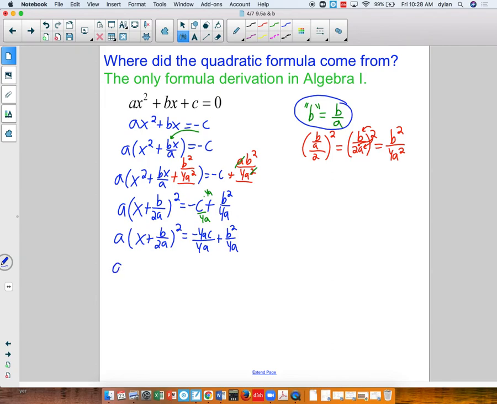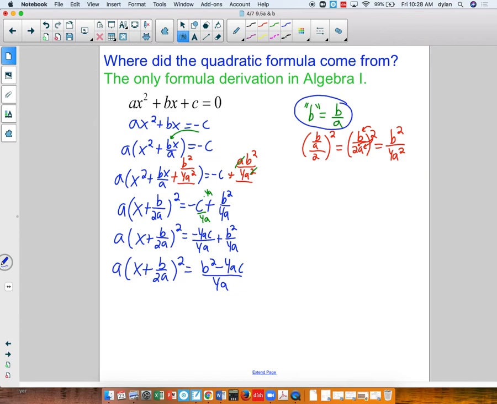So we have a times x plus b over 2a squared equals negative 4ac. And actually, to make this look better, because we know we want to end up with b squared minus 4ac, that's where that comes from in the equation, let's just change the order of these. B squared minus 4ac all over 4a.